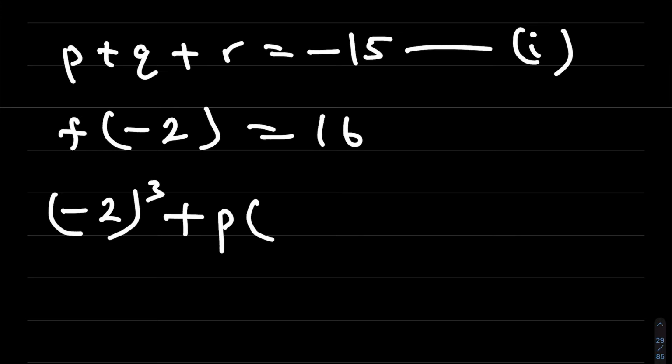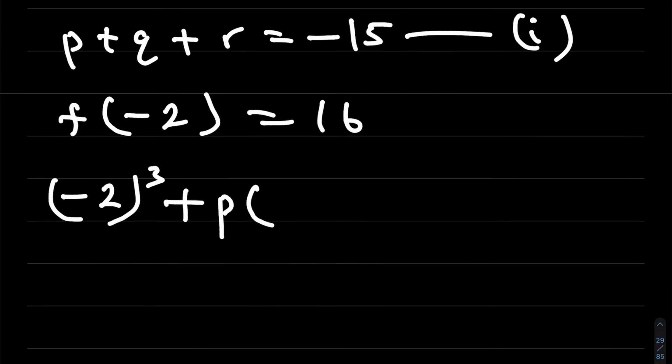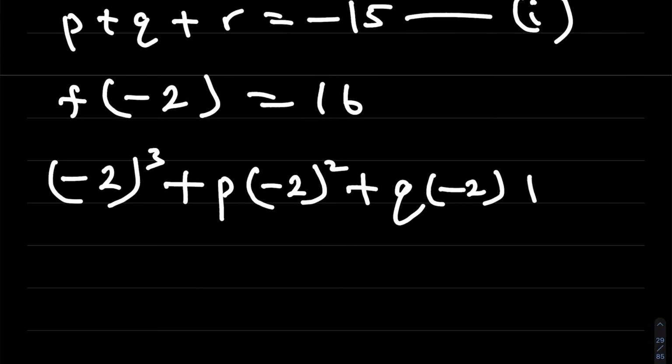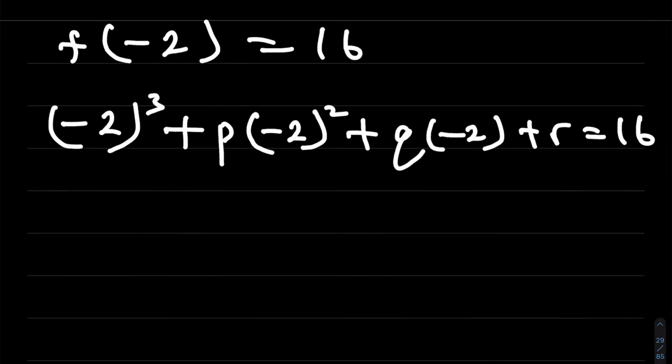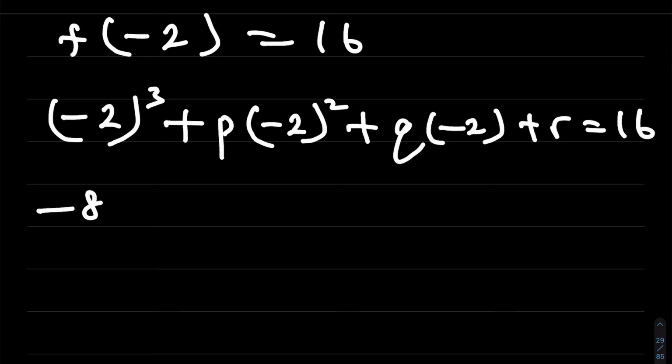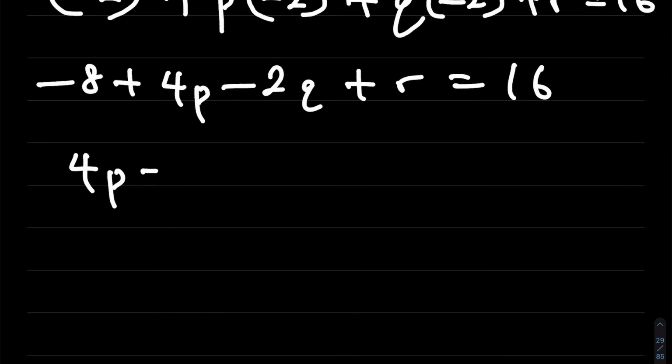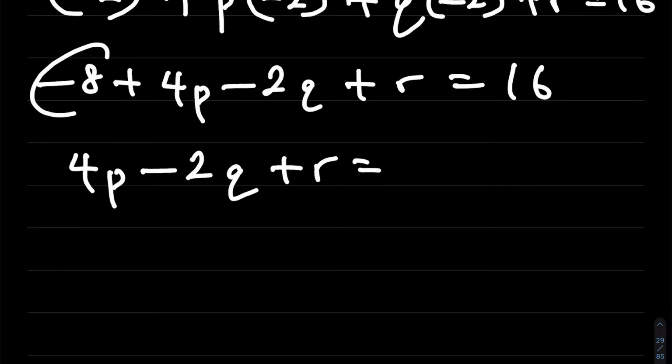Minus 2 cubed plus p times minus 2 squared plus q times minus 2 plus r equals 16. That means minus 8 plus 4p minus 2q plus r equals 16, which means 4p minus 2q plus r equals, when minus 8 goes to the right hand side, it becomes plus 8. That's 16 plus 8, which is 24.